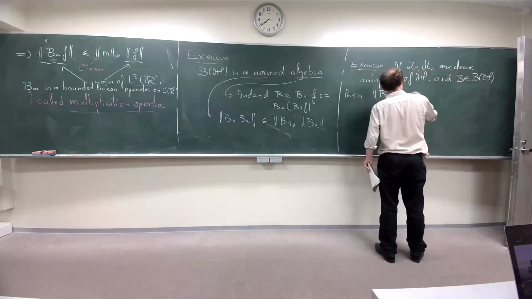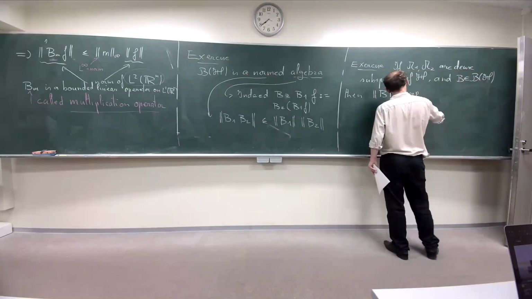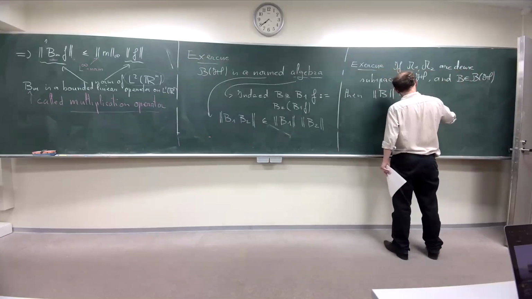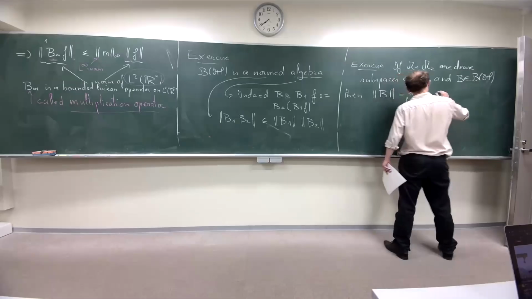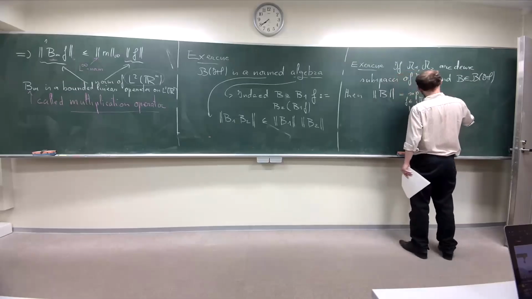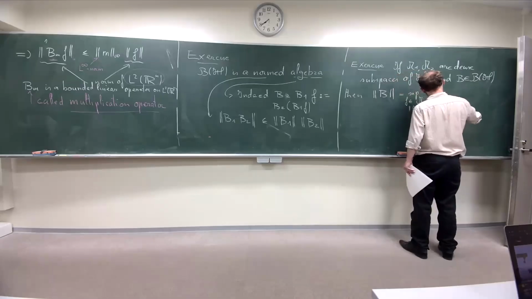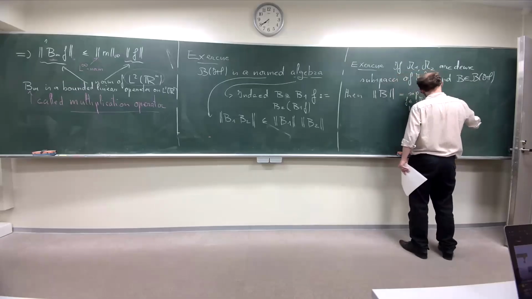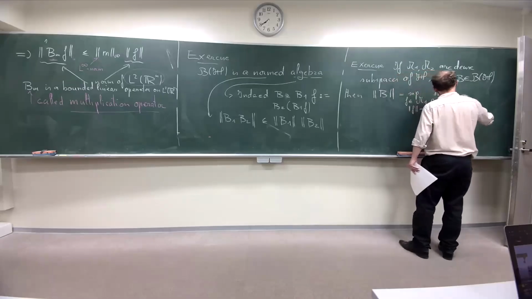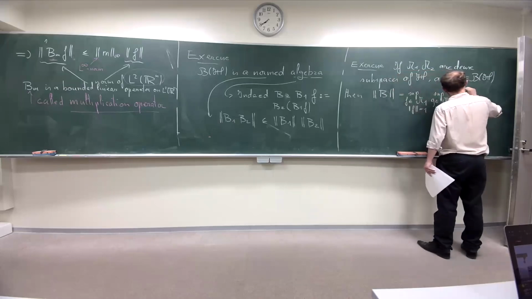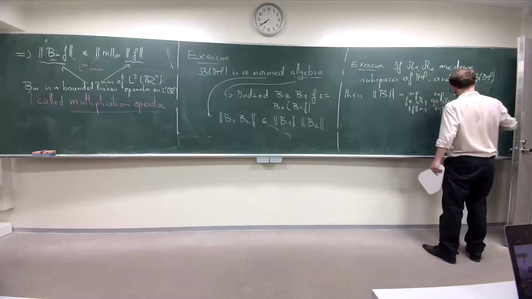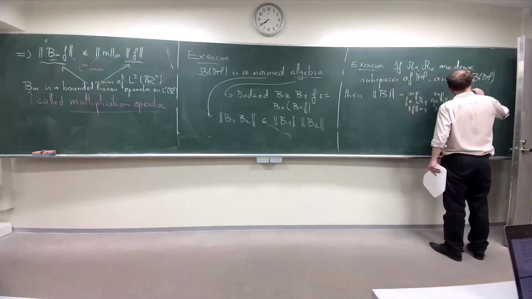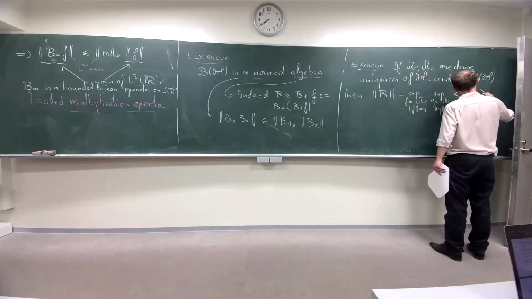There is a formula: the sup over all F in M1, norm of F is 1, sup over all G in M2, norm of G is 1, of the scalar product of F and BG.